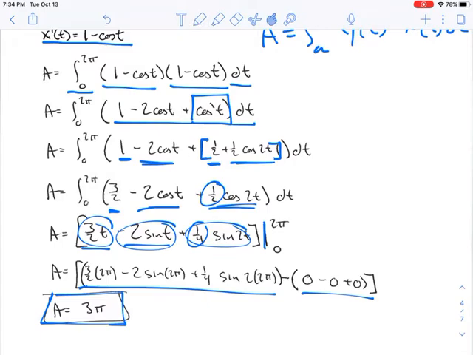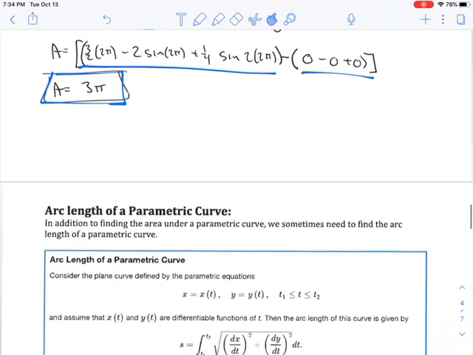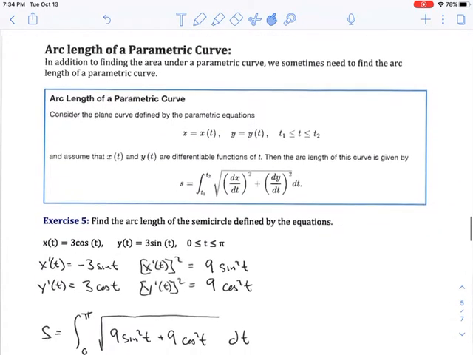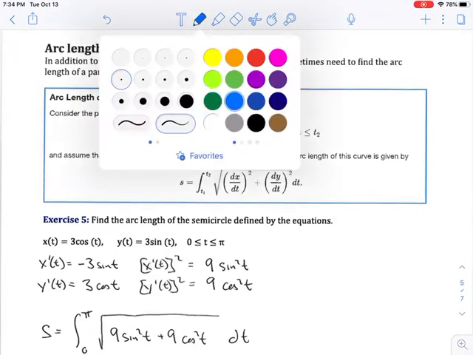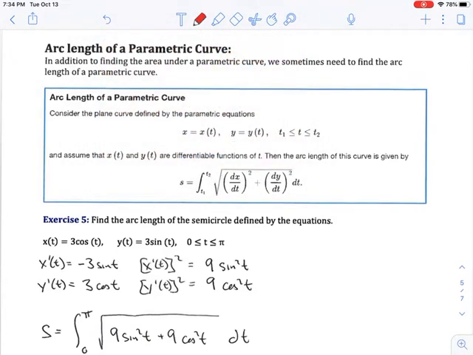In the next problem, we want to find the arc length of a parametric curve. This is similar to the arc length formula that we already know, in that we have a square root in it.